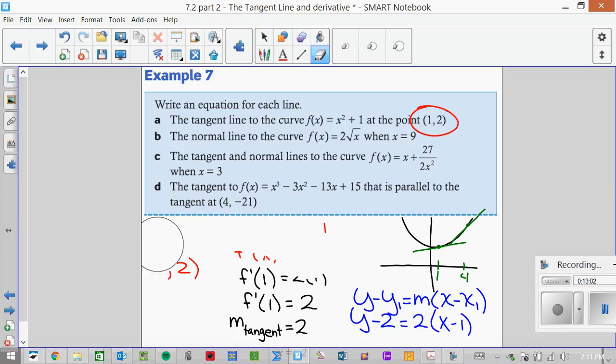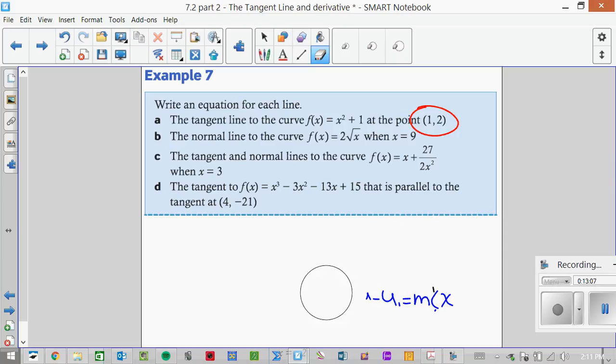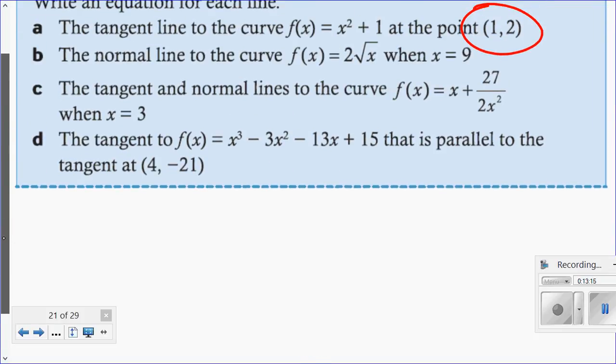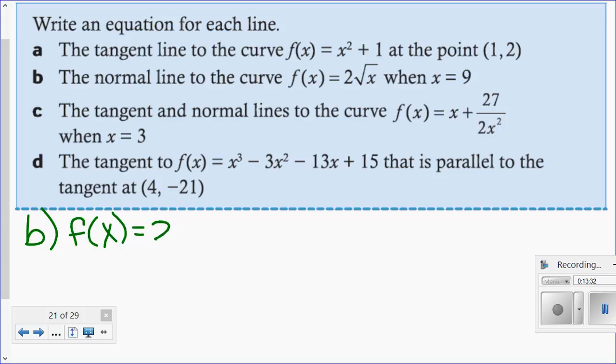All right, so let's do B. B has a different curve, a different function. The function is f of x equals 2 times the square root of x. So find the derivative of that function.